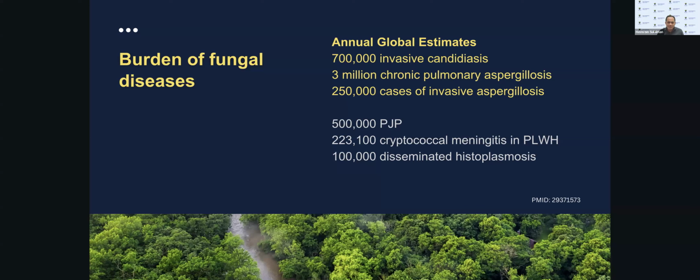As you can see on the right, the top 2 organisms causing 4 million infections and diseases are Candida and Aspergillus, compared to PJP, Cryptococcus, and Histoplasmosis. So the burden of these fungal diseases is mainly driven by these 2 organisms. Therefore, I'm going to focus on these 2 organisms causing IC and IA.